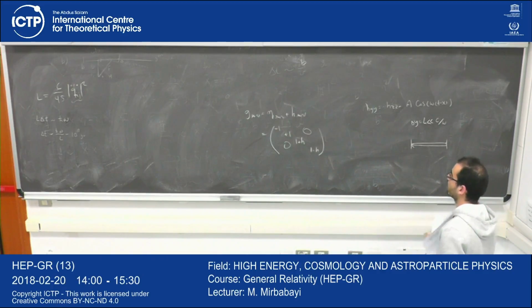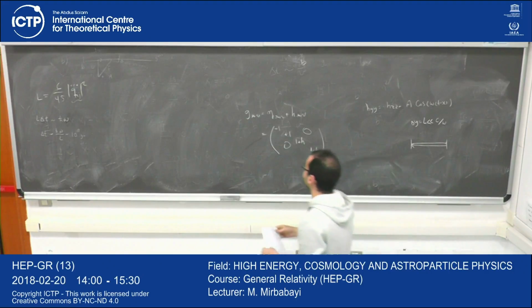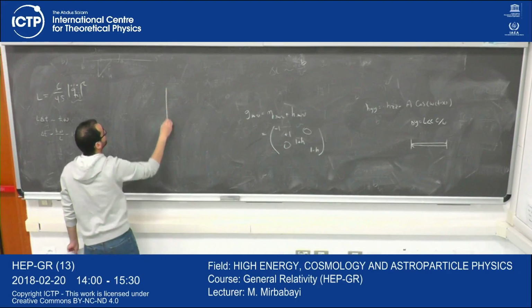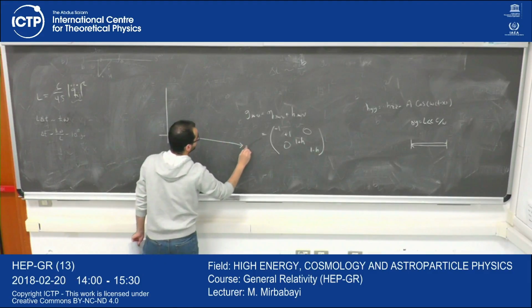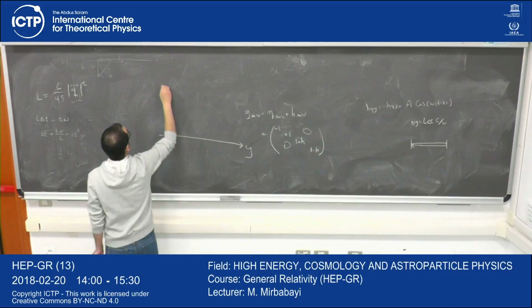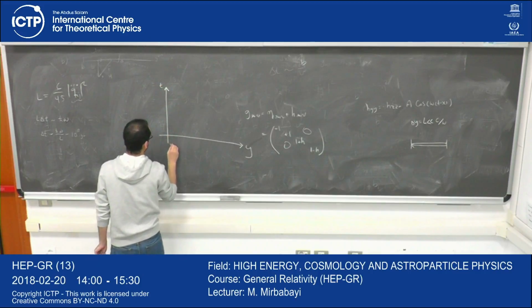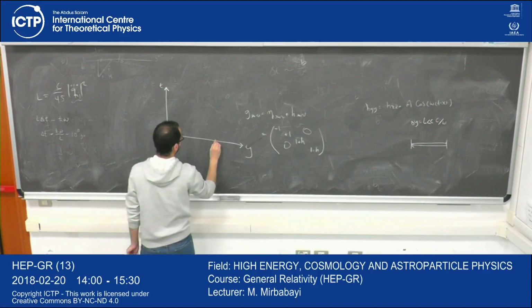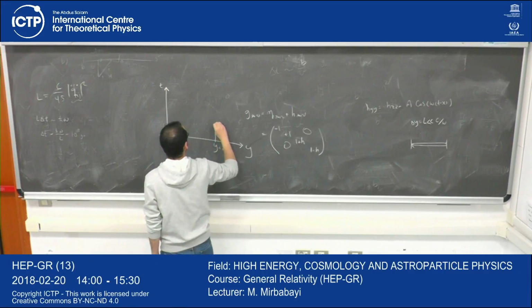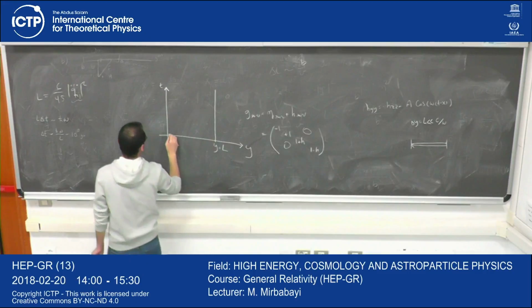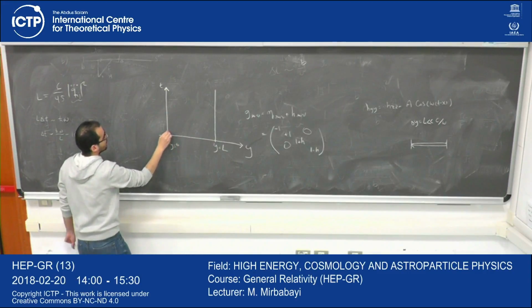By doing a space-time diagram, this is the y direction, this is t, this is y equals 0, and this is y equals L. Okay. So we shine a light photon from here.